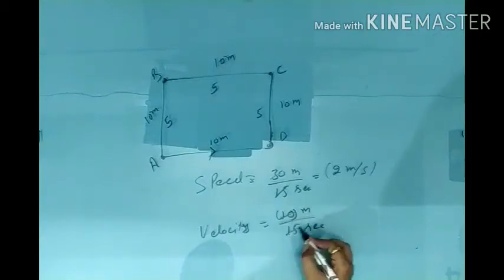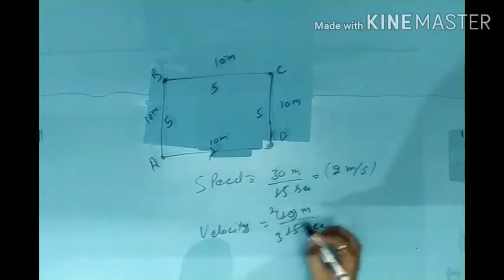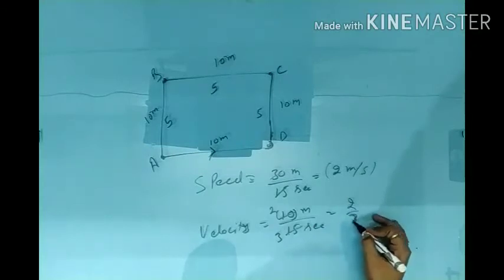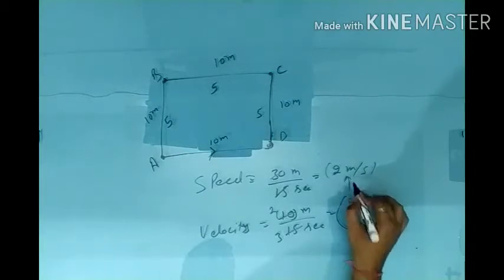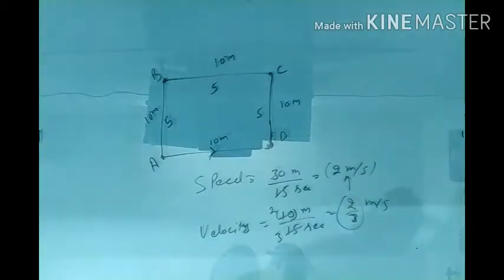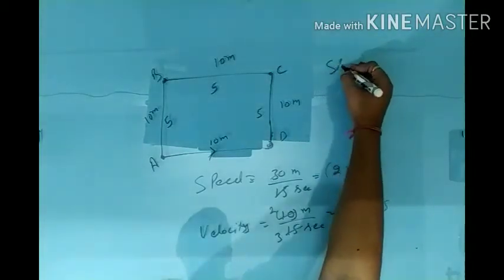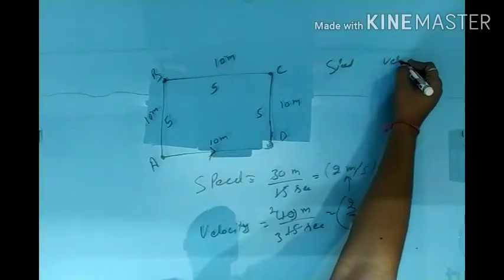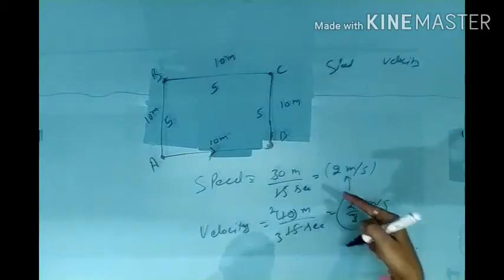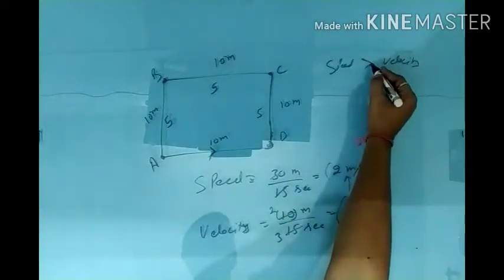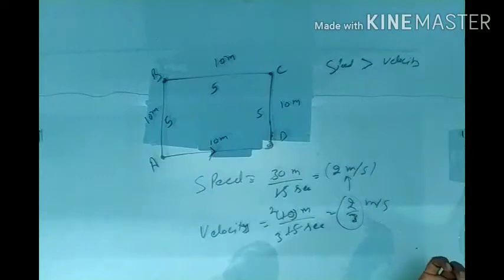So with this we can say that its velocity is 2 by 3 meter per second. It's small as compared to speed. With this we can conclude that speed and velocity, now which one is greater? Speed will be greater than velocity.